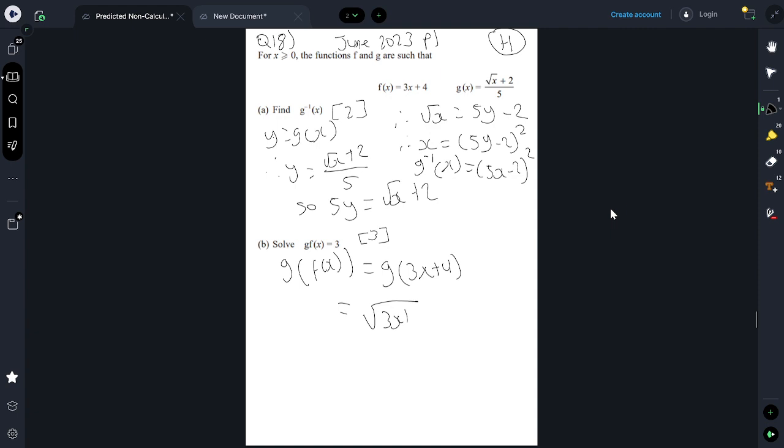So the last time we were looking at inverse functions. No, it won't let me write on here. Okay, there we are, back again.